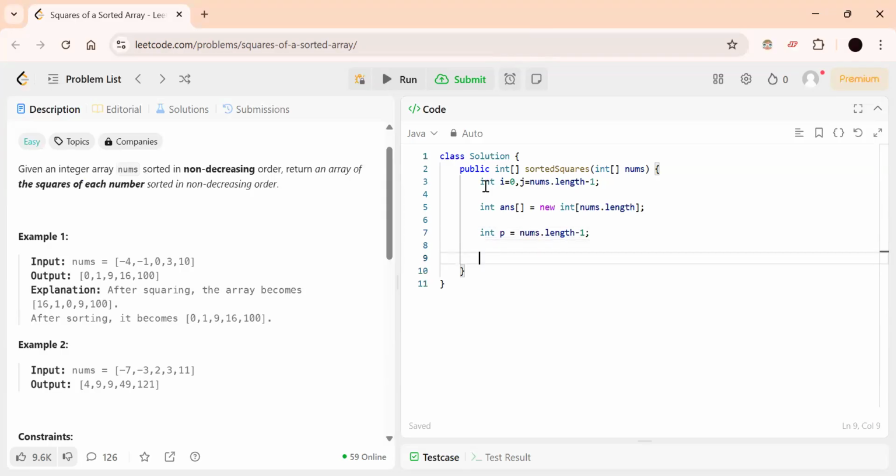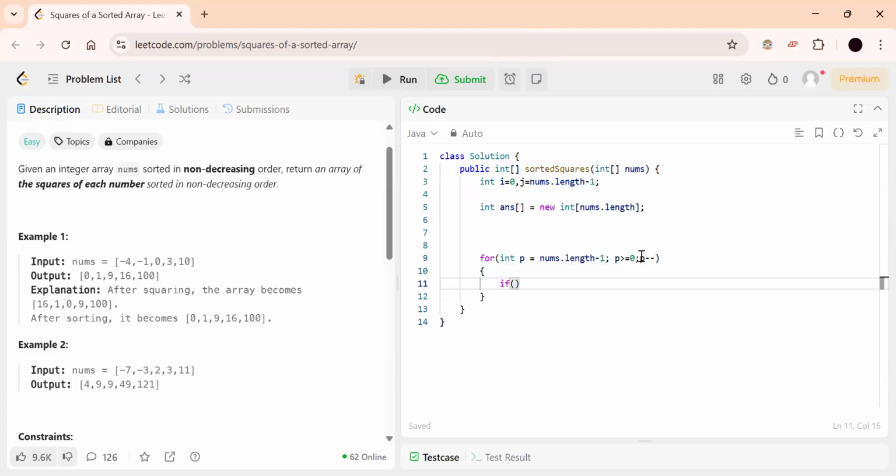Now what we need to do? Very simple. Instead of writing it here, we can write a for loop: p equal to nums dot length minus 1, p greater than or equal to 0, p minus minus. We'll start from the last.